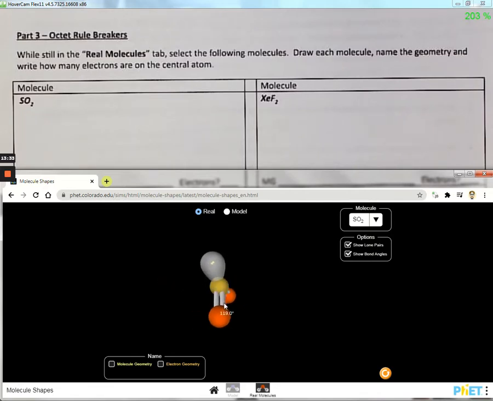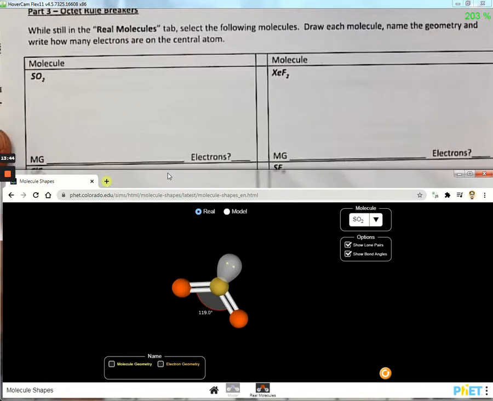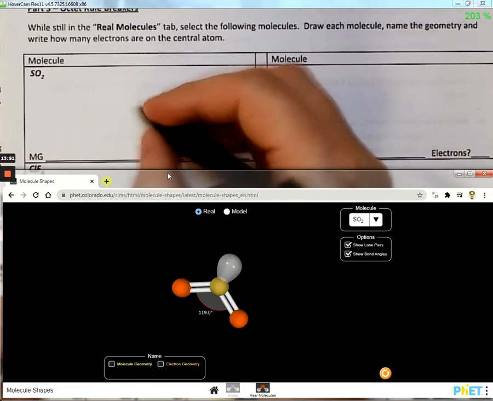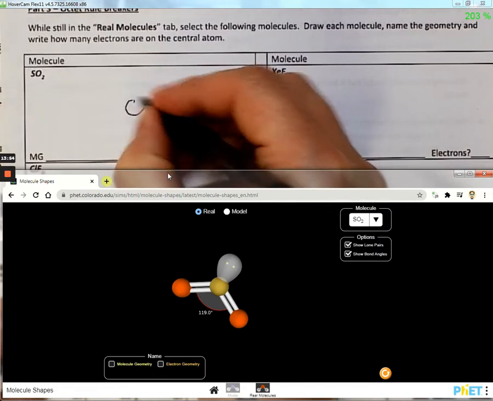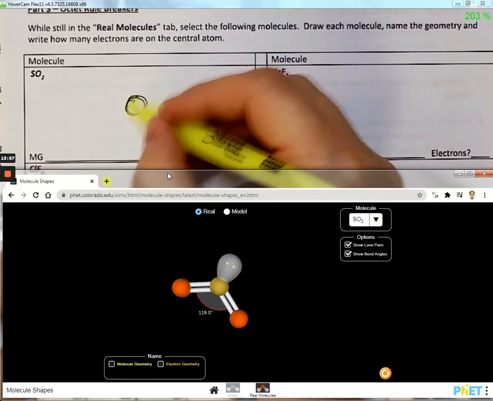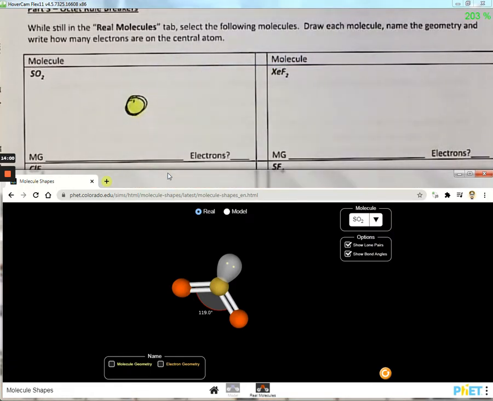Now if I was to call that molecule shape, it's all in a plane, but it makes a triangle, so that would be trigonal planar. Let's start by drawing this, and oh, you know what? I think I've got some yellow highlighters here, so I'm going to draw that central atom there. I know it's not the same shade of yellow, but I'll shade it kind of yellowish.